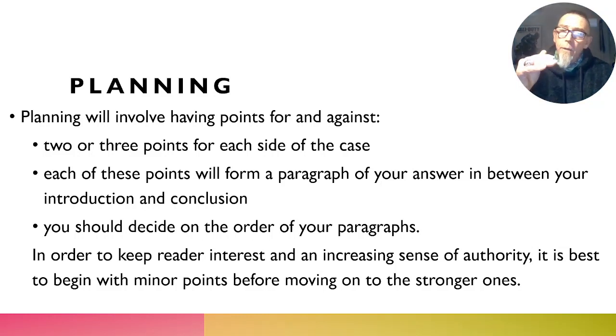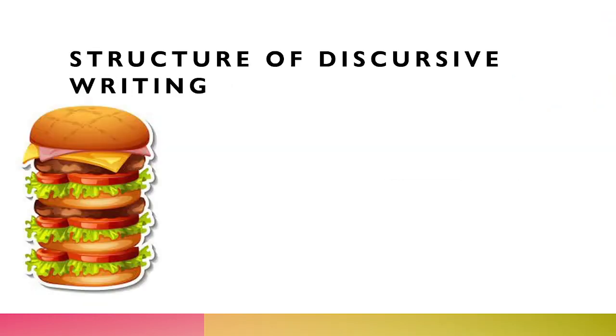You need to decide on the order of your paragraphs, and remember, you want to keep your reader interested. Some people say you might want to start off with a good point, work through them and end with a good point. I think it's probably best to start with your minor points before moving on to your stronger points, so that it ends with a bang.